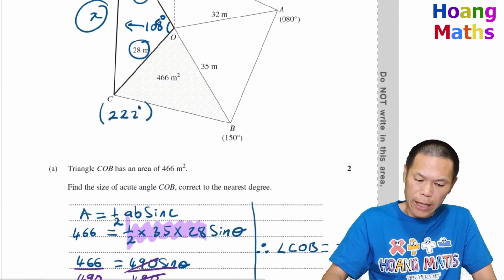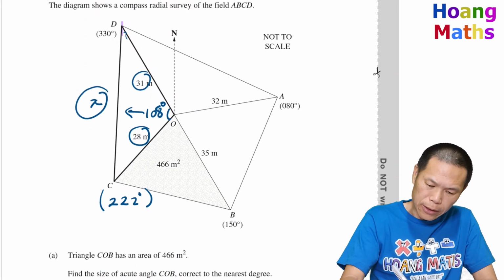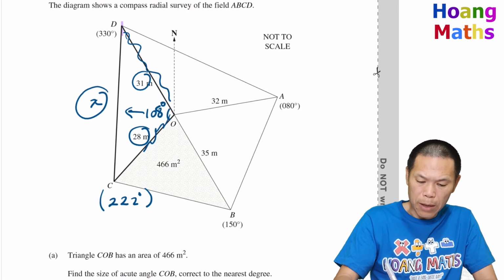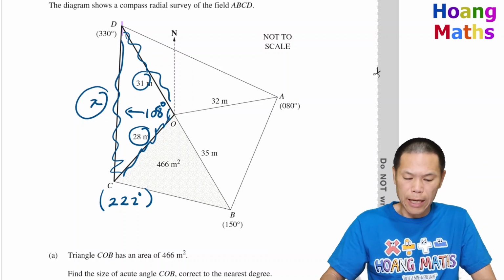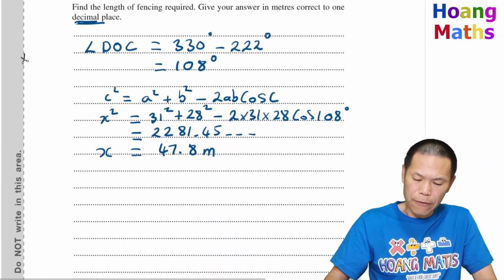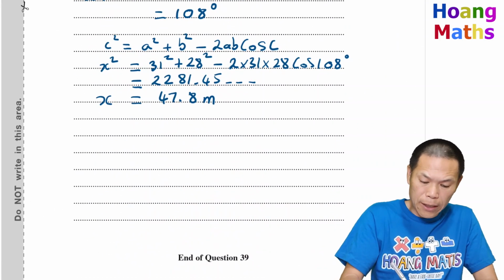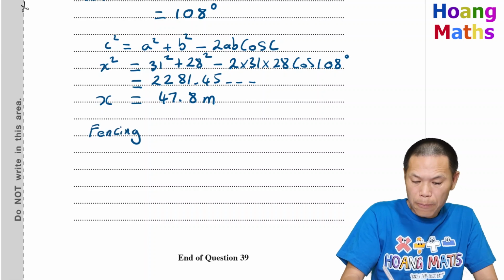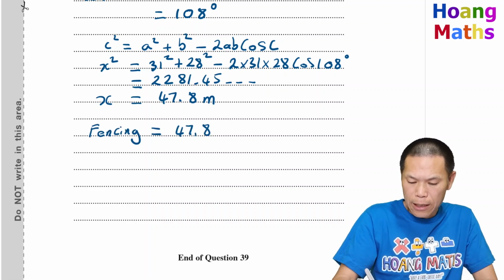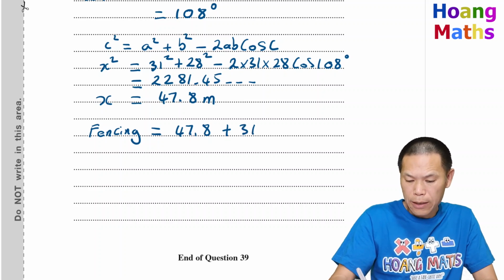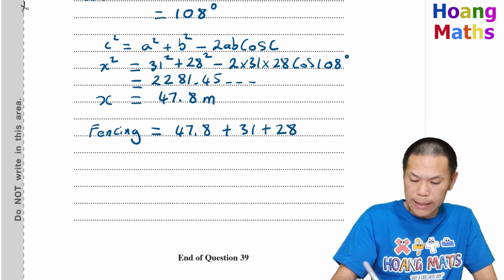So we need to add these together. This length 31 plus 28 plus this x value here. So now the length of the fencing is equal to 47.8. We add a and b, 31 and we add 28.